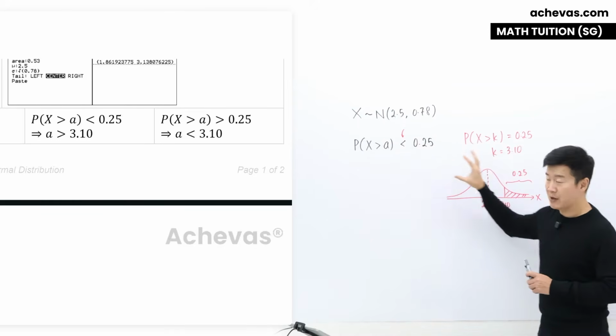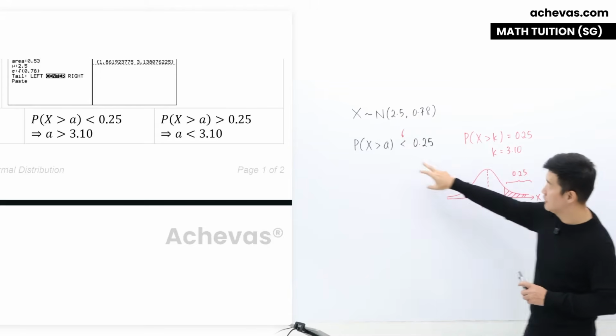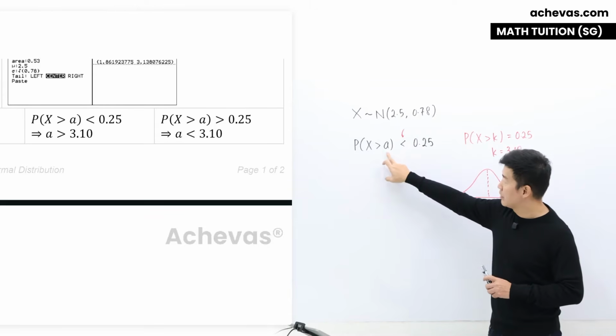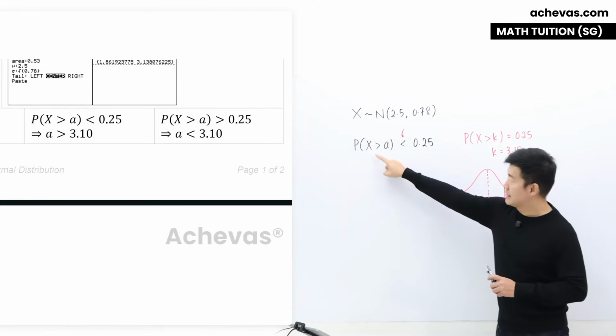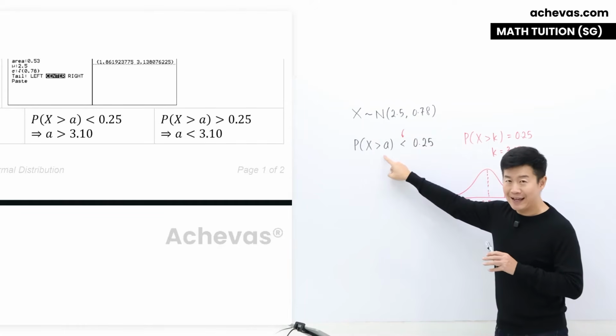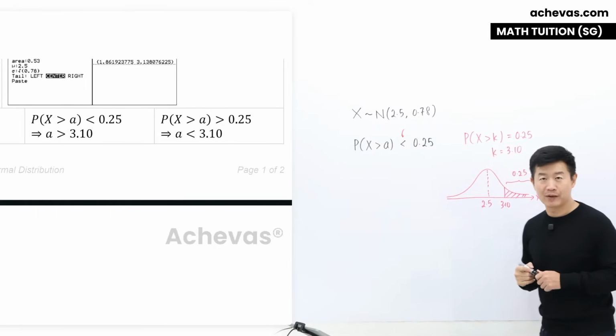Now let's come back to this here. We are going to make use of our bell curve and this region which has an area of 0.25 to deduce information about A. If I have that being represented here, we can see that the area to the right of this number A must be an area that is less than 0.25.